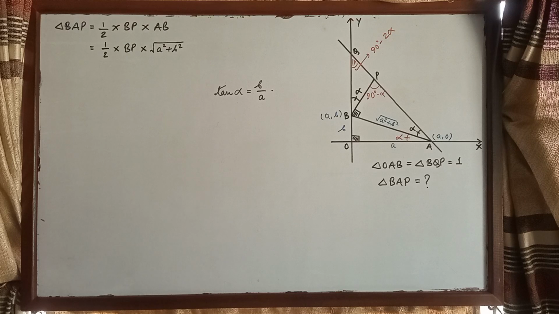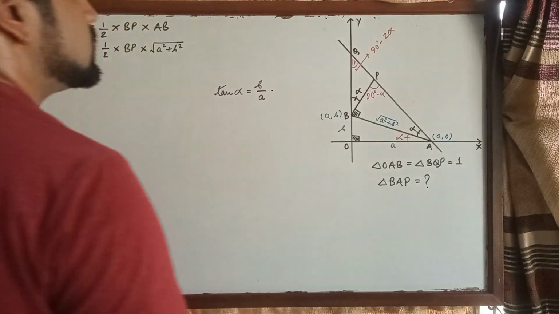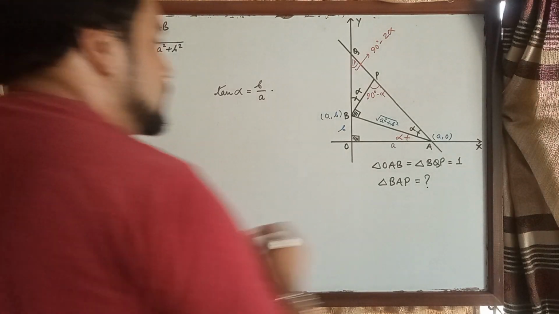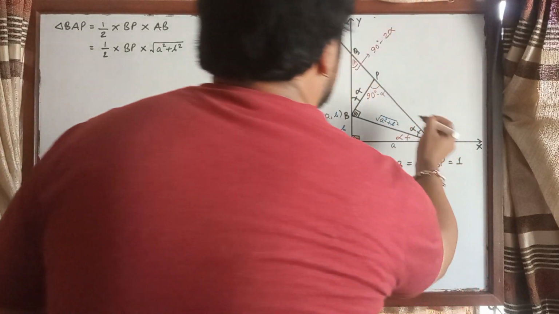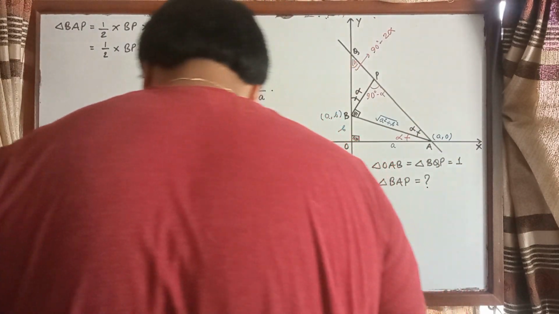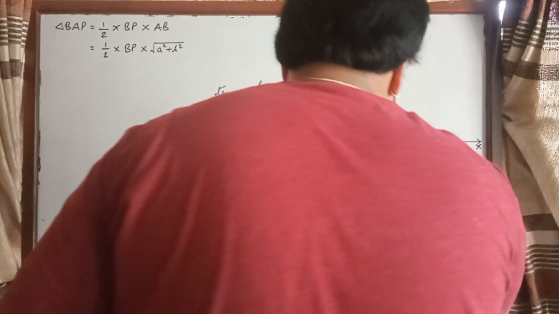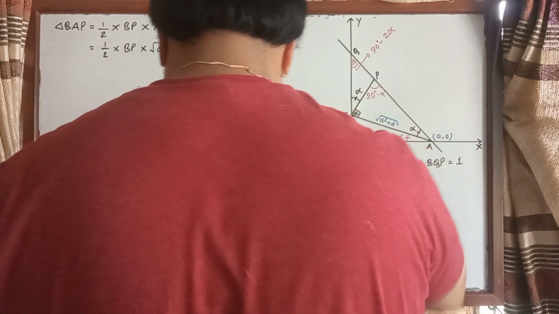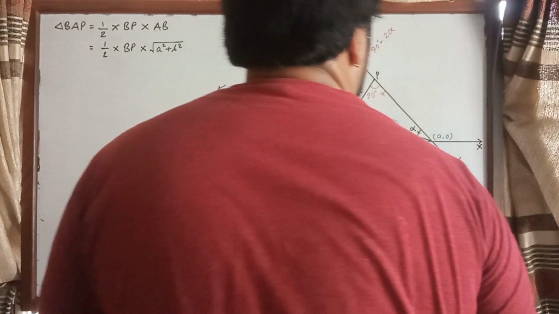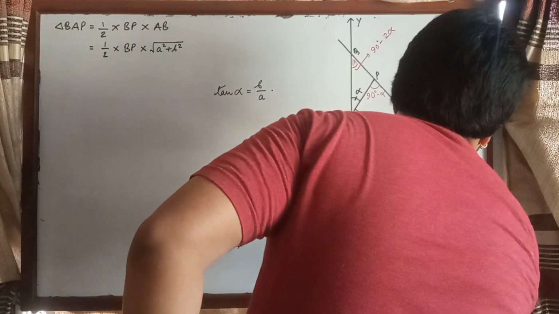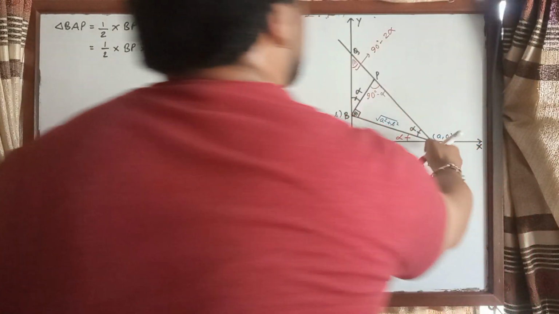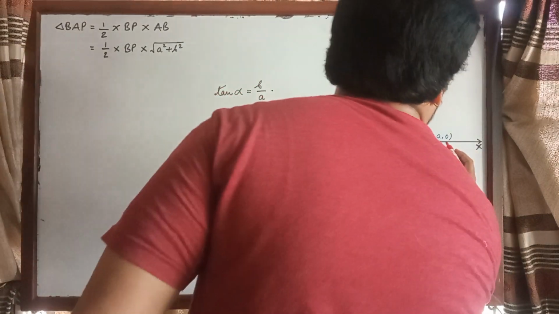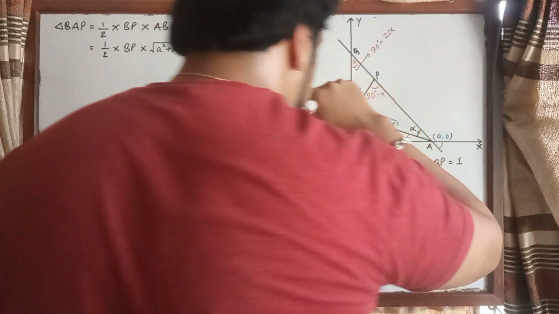Now let's see the slope, let's extend this a little bit. Let's see, this is alpha, right? And as a result, this angle right here is twice alpha.